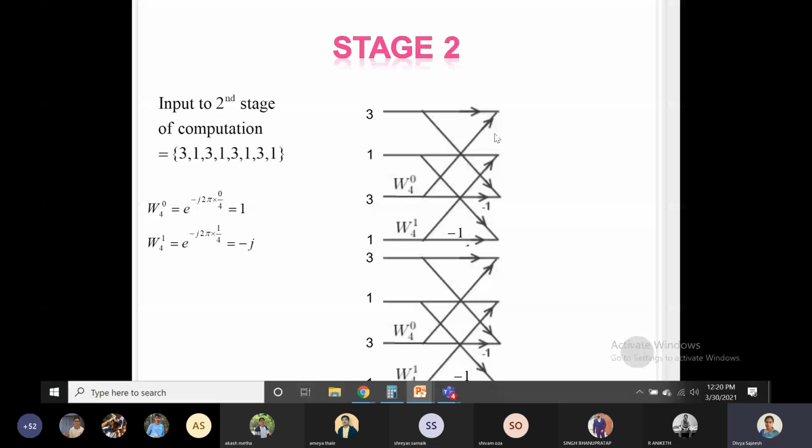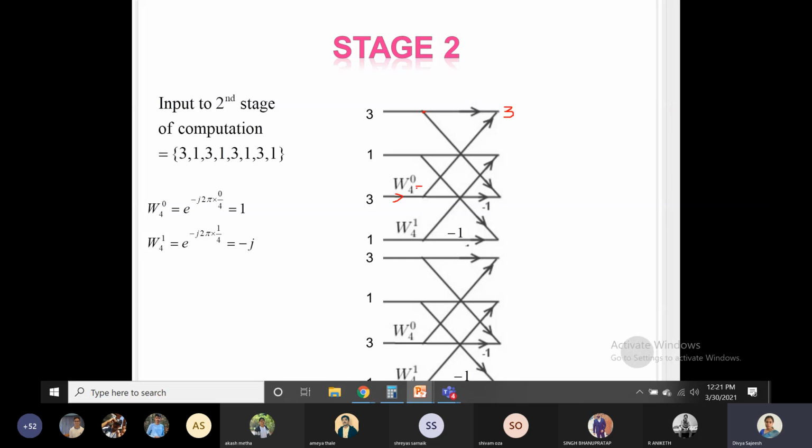So let us see the output here. 3 will be coming at this position, and that will be multiplied with 1 only. So one of the inputs is 3. Now let us see what is coming here. W4 raised to 0 is how much?